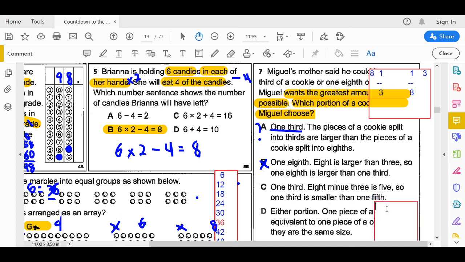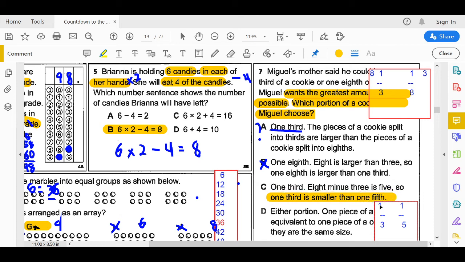Let's do it here to prove it. 1/3 and 1/5. And again, you're going to use the butterfly method. Remember that the paper is saying that 1/3 is smaller. I'm going to highlight that so we know what we're doing. 1/3 is smaller than 1/5.